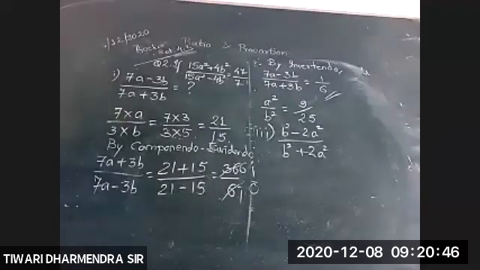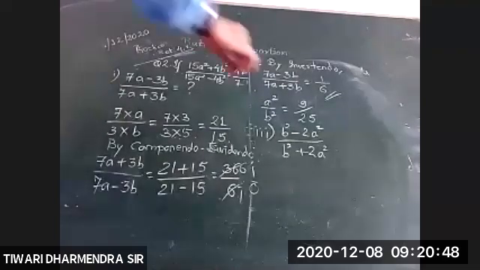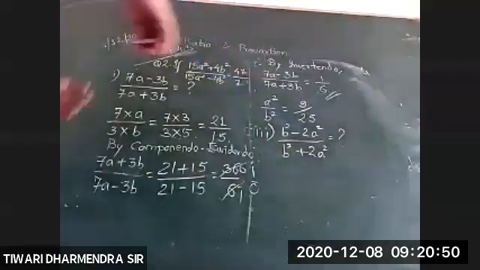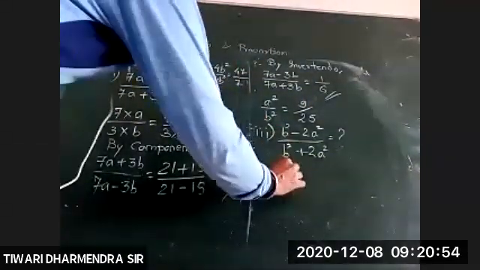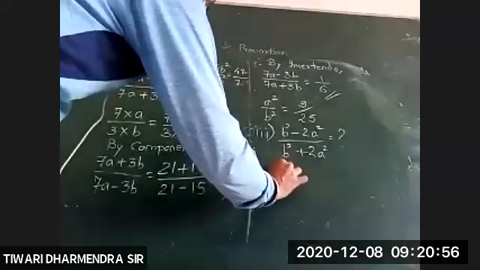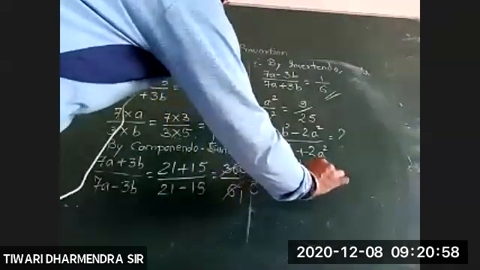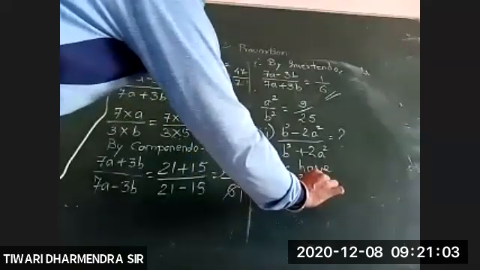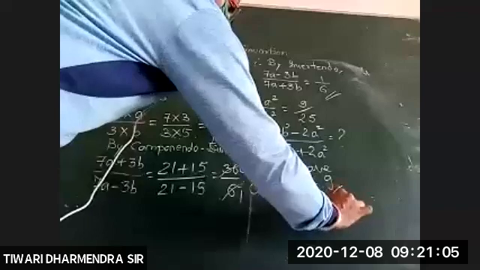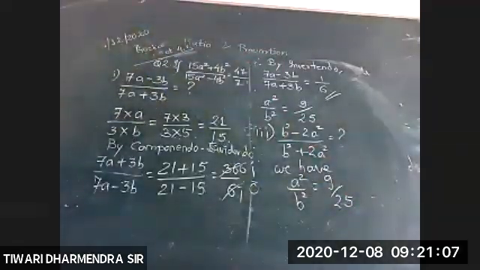So we need to invert this. In order to invert, we require the help of invertendo. So we know that we have the value a square by b square is equal to 9 by 25. So we'll be inverting this.